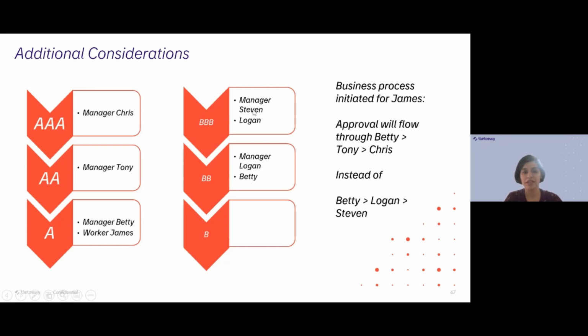So in a normal scenario, if we are doing a business process for James and we have an approval chain for manager, it is going to flow like Betty and then Logan and then Stephen. But with this change, we can make the business process flow go in the organization structure direction. So it'll go to Betty, then it'll go to Tony, and then it'll go to Chris.